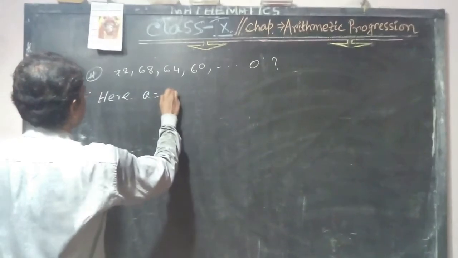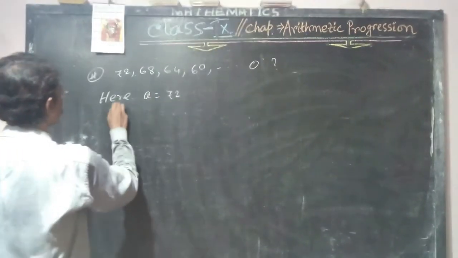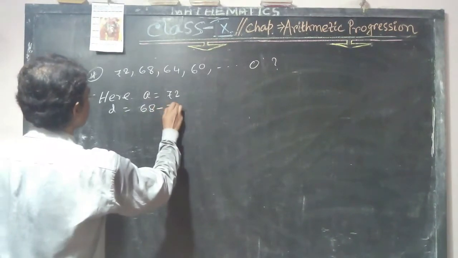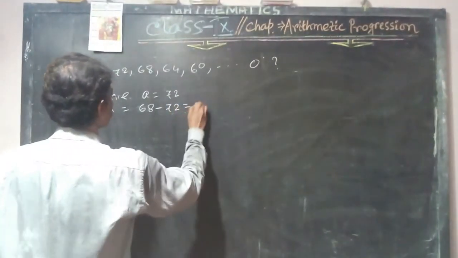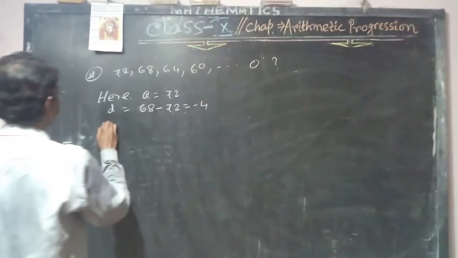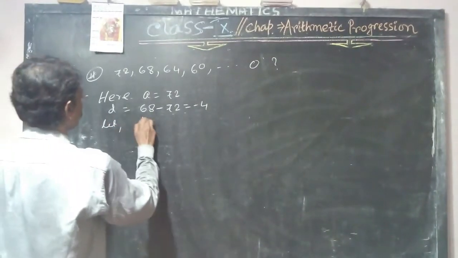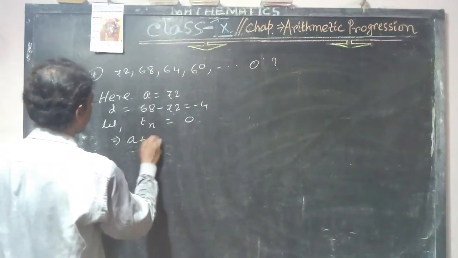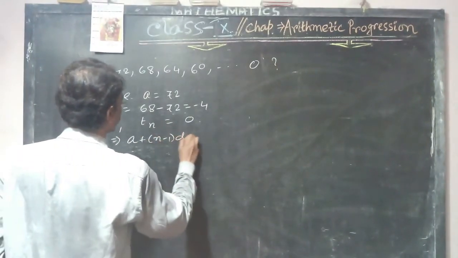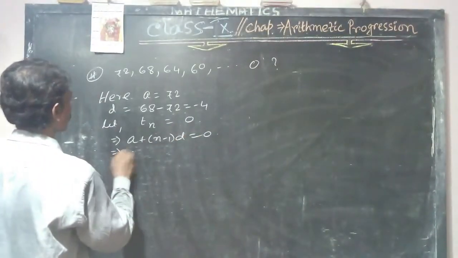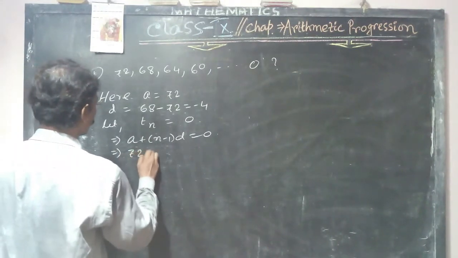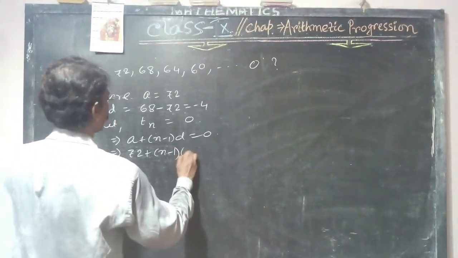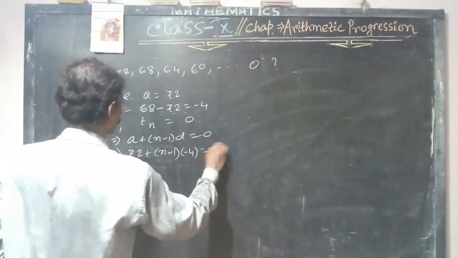Here a, the first term, equals 72, and d equals 68 minus 72, that is minus 4. Let Tn equal 0. So a plus n minus 1 into d equals 0. Here a equals 72 plus n minus 1 into minus 4 equals 0.